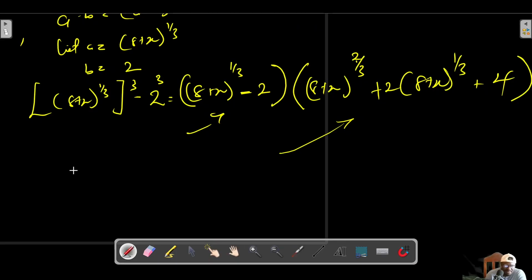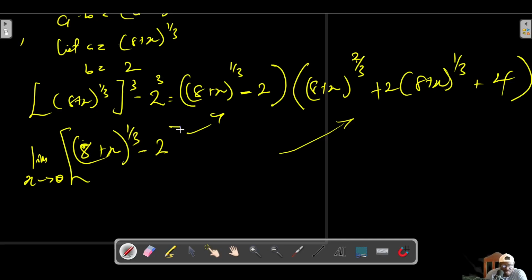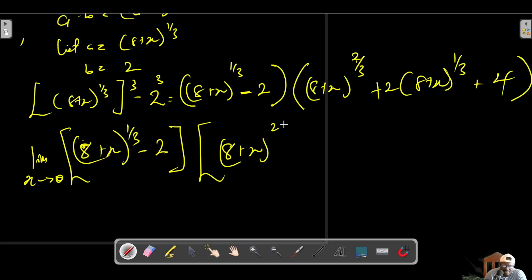So let's do that. Our expression becomes a limit as x is approaching 0 of 8 plus x raised to the power 1 over 3 minus 2, please pay attention, multiplied by this whole expression: 8 plus x to the 2 over 3 plus 2 times 8 plus x to the 1 over 3 plus 4.